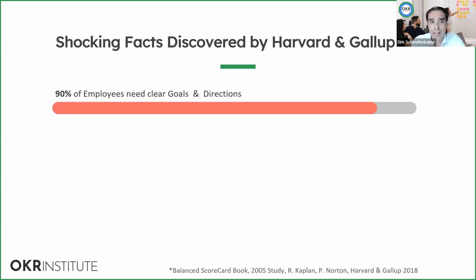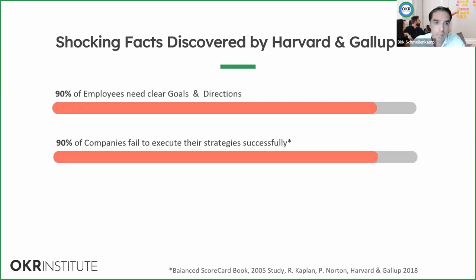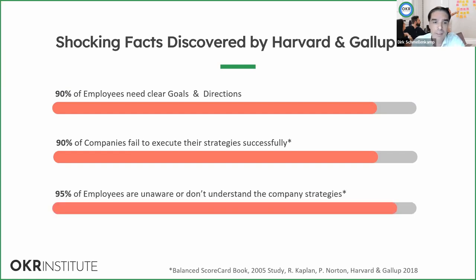First of all, they found that 90% of employees need clear goals and direction. 90% of companies fail to execute their strategies successfully. I think that's a very shocking number. And 95% of employees are unaware of or don't understand the company vision or strategies.